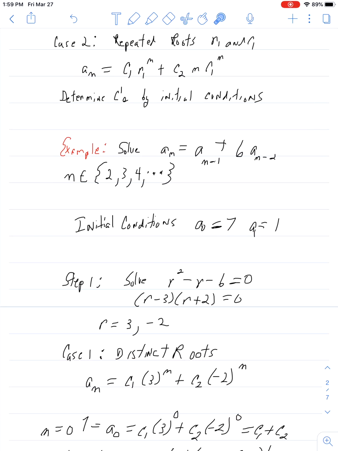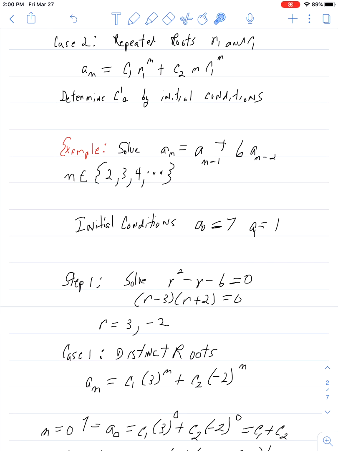Now, what did our algorithm say? Our algorithm said that we solve a particular quadratic equation, r squared minus r minus 6 equals 0. Okay, where do I get those? Well, this minus 1 comes from the coefficient of a sub n minus 1, which is 1. And this minus 6 comes from the coefficient of a sub n minus 2, which is 6.